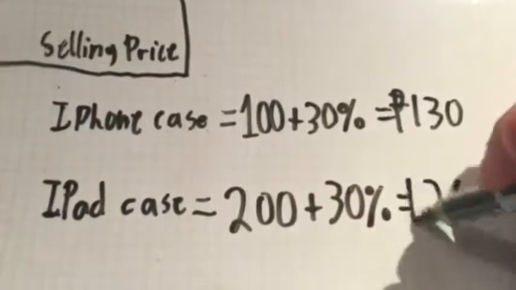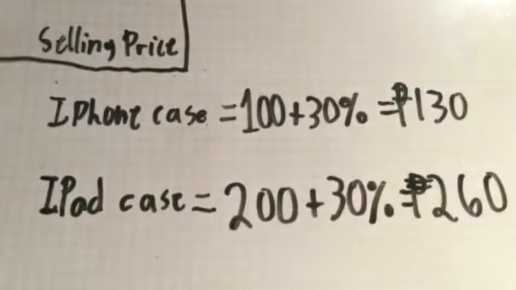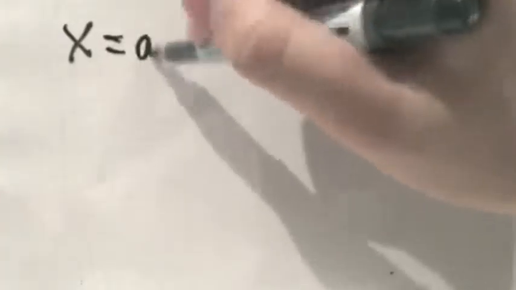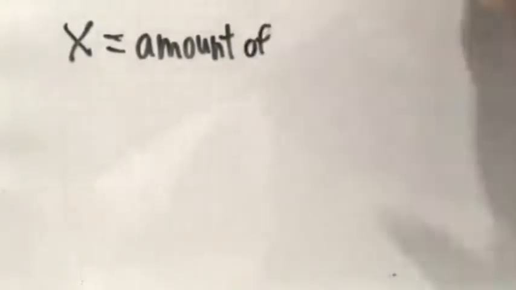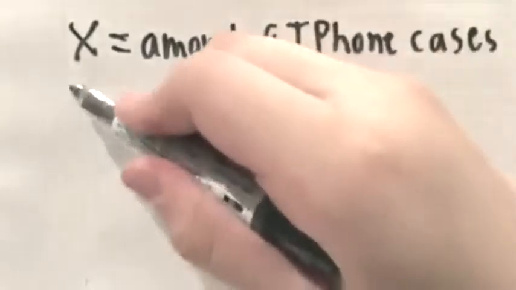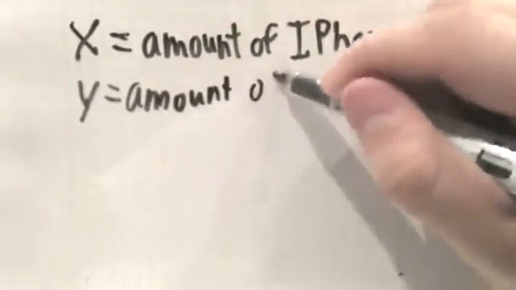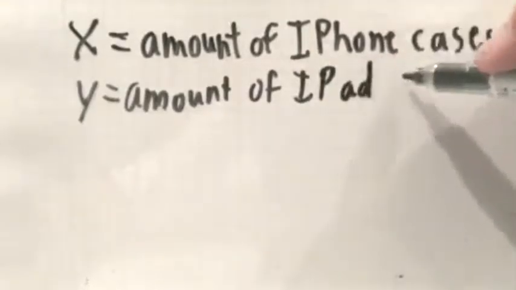How many pieces of each item should we sell not only to break even but gain profit as well? Let's make a representation of this problem. x equals the number of pieces of the iPhone case, and y equals the number of pieces of the iPad cases.